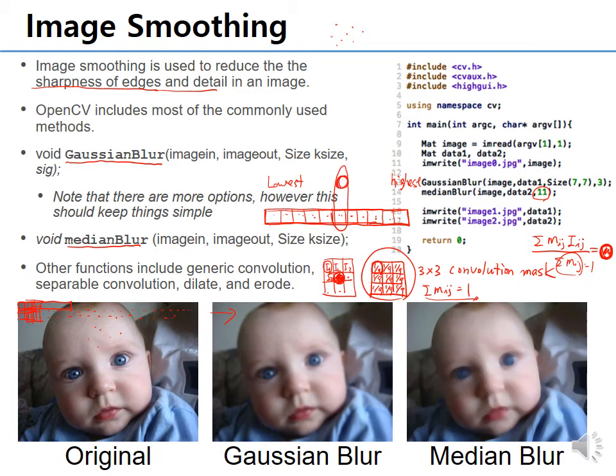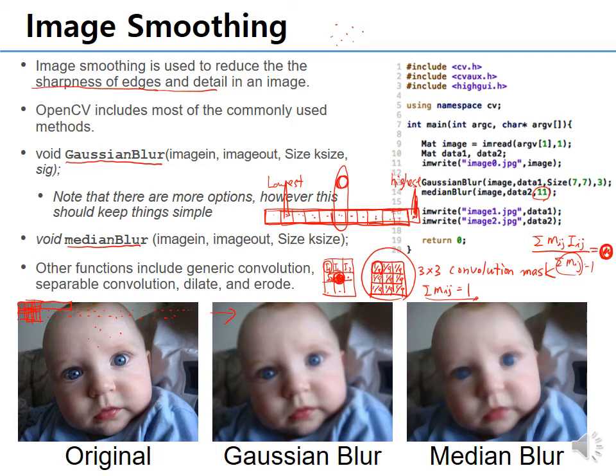Then they shift one pixel to here and take another one. That is a median blur. If there is some spike here, the noise, that will be the brightest part.